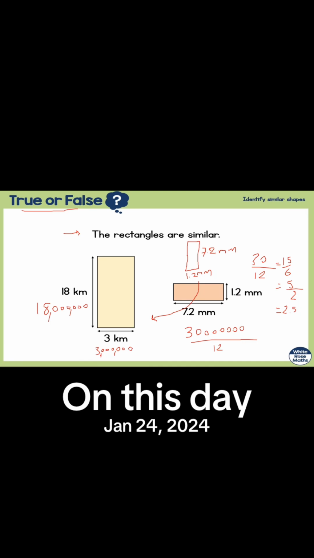So my scale factor from the small rectangle to the big rectangle is 250,000. Or I can write it in standard form as 2.5 times 10 to the 5. Either answer would suffice.